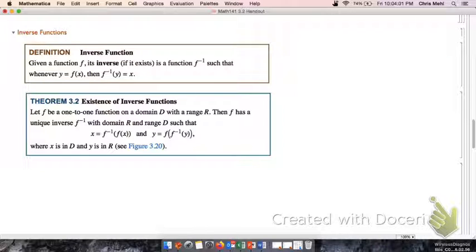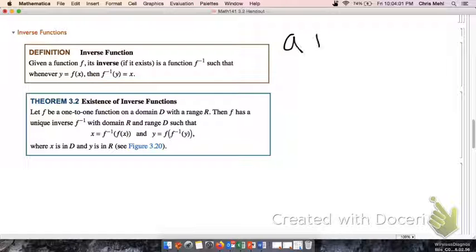So what we're really interested in here is inverse functions, and just read through the definition with me. Given a function f, its inverse, if it has one, is a function f to the minus 1. Now I want to make something very clear. f is not a number, so when I'm writing the negative 1 power, just be careful.